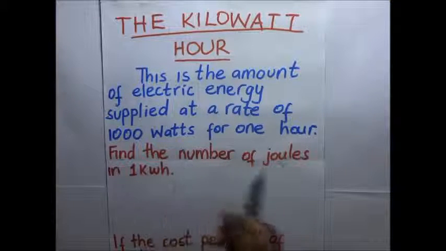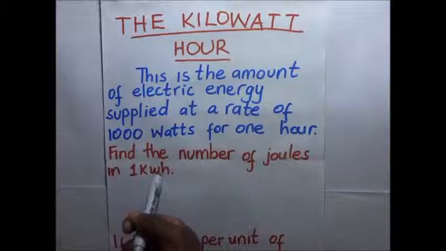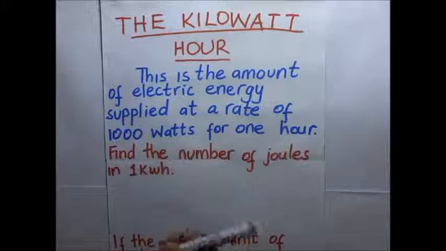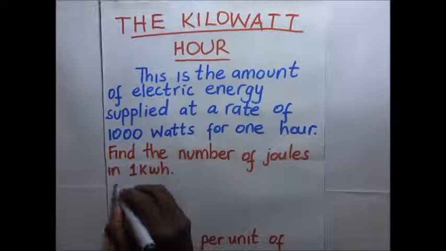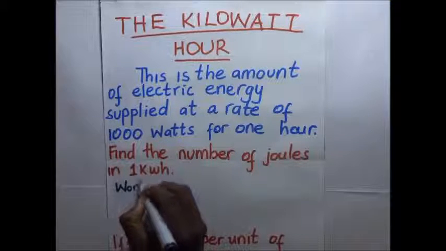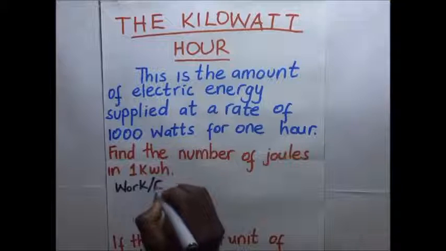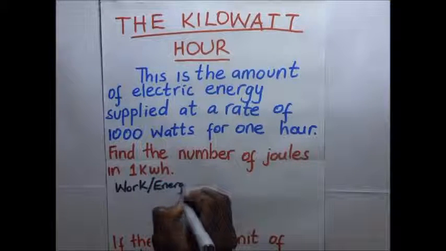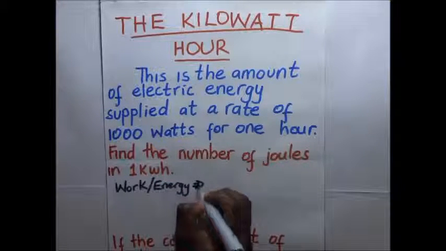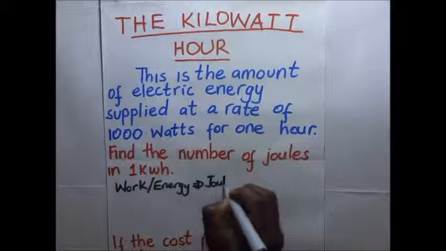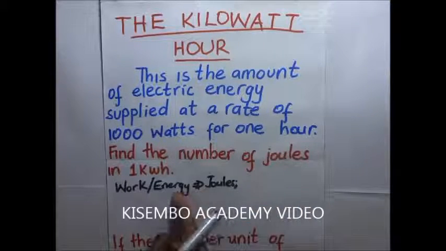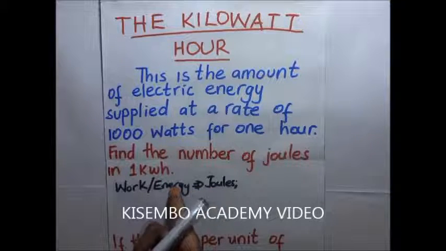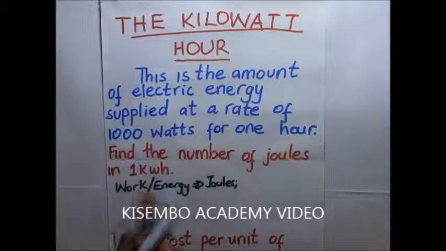So let's try and find the number of joules in 1 kilowatt hour of electricity. First of all, we know that work done, or let's call it energy, is always measured in joules. And power is the rate of change of this energy, or the rate of change of work.